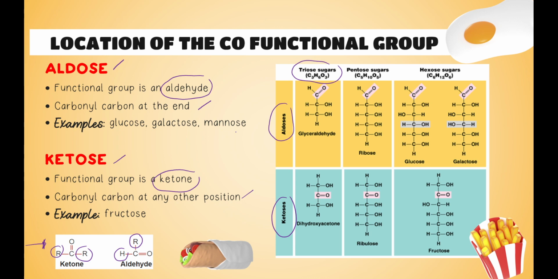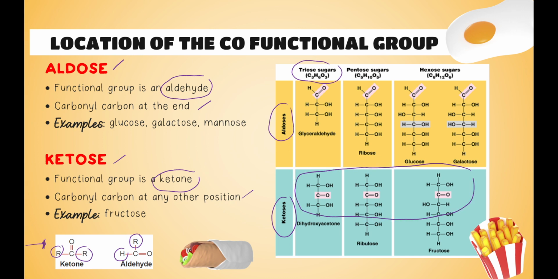That is why, if you notice, even if they have the same number of carbon present, since they have different functional groups, their names also differ. Now, why I mentioned that the carbonyl carbon of your ketone is in the middle, notice these structures here.